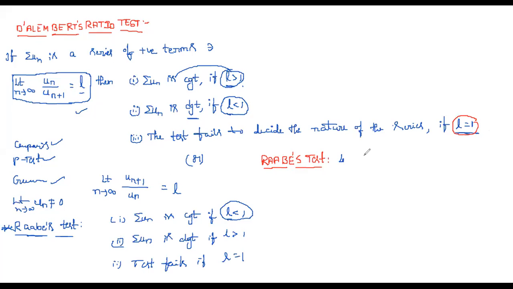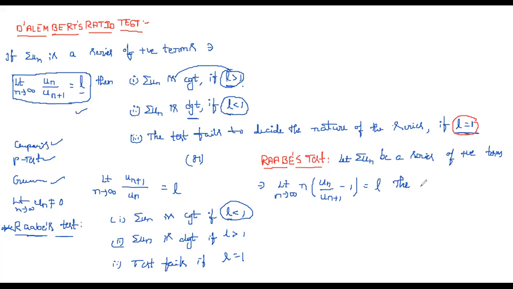What is the statement of this one? Let summation u_n be a series of positive terms such that limit n tends to infinity n into (u_n by u_(n+1) minus 1) is equal to L. Then first one, summation u_n is convergent if L greater than 1.